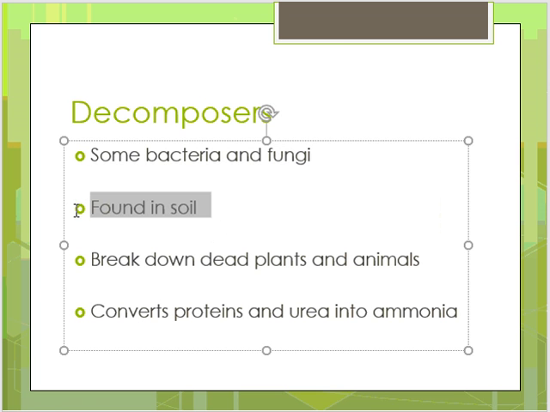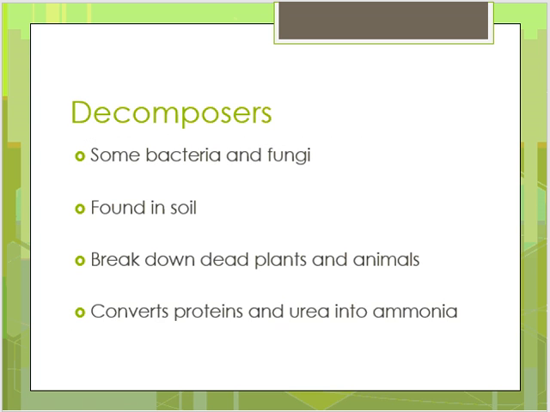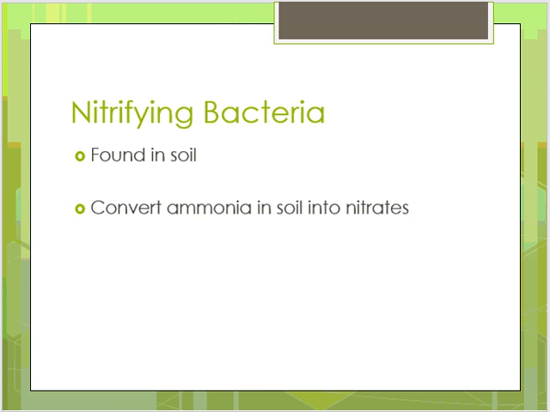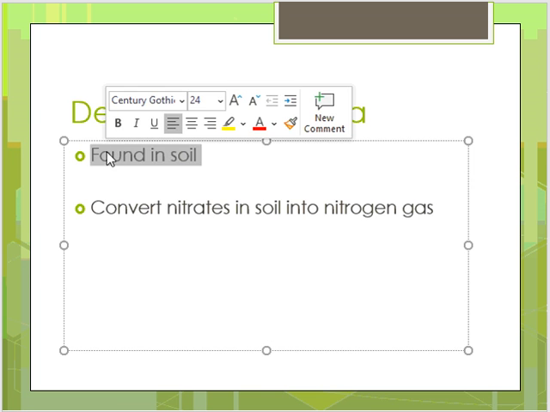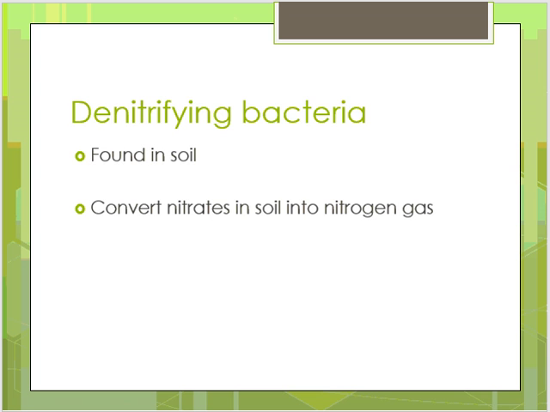Decomposers are found in soil, and convert proteins and urea into ammonia. Nitrifying bacteria are found in soil and convert ammonia into nitrates. And then the last one, denitrifying, again found in soil, converts nitrates into nitrogen gas.